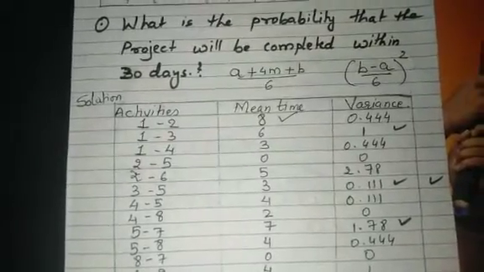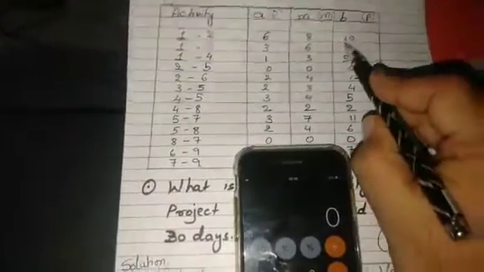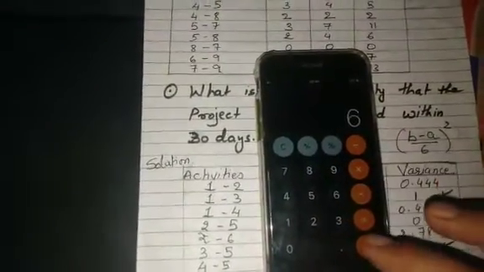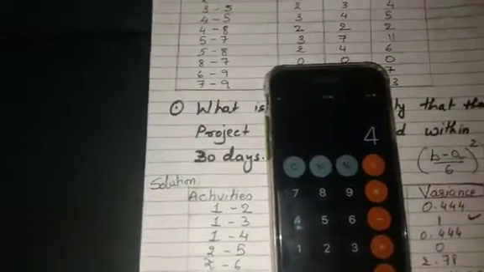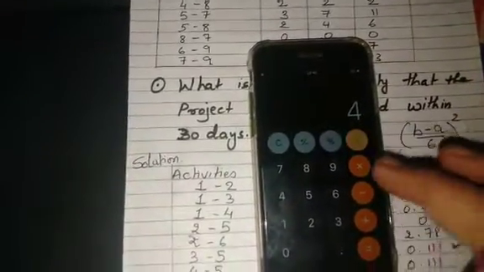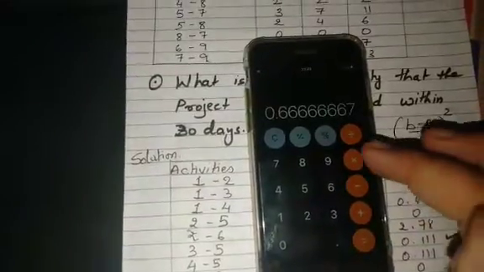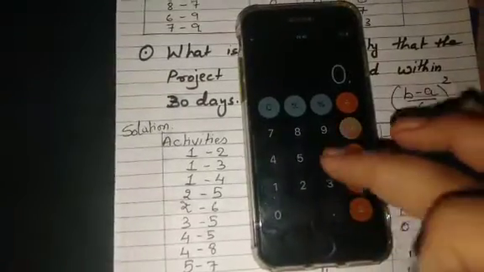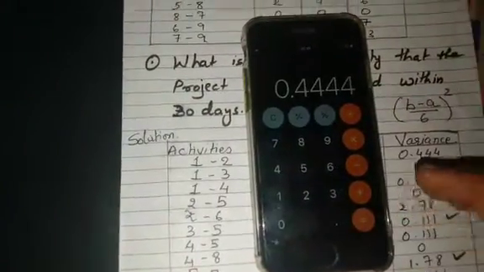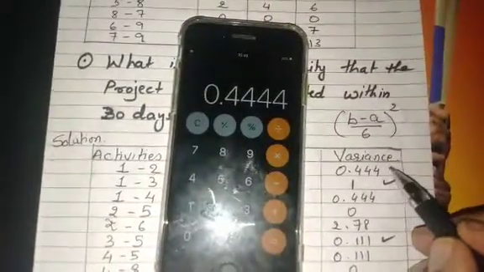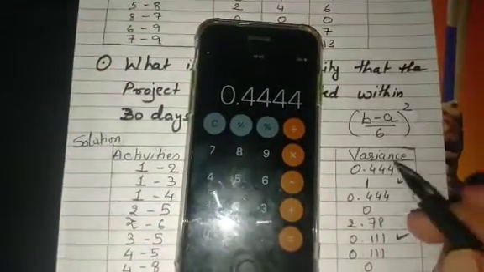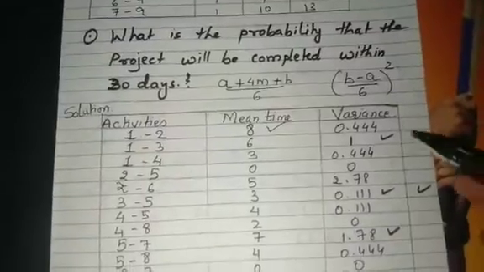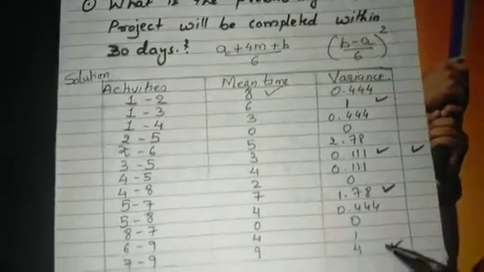We would be finding for first activity 10 minus 6, again divided by 6, into the same, so our answer is 0.444. Always remember, if continuing answer is there, then after decimal you have to take 3 digits. Similarly, you have to find the variance for all the activities.